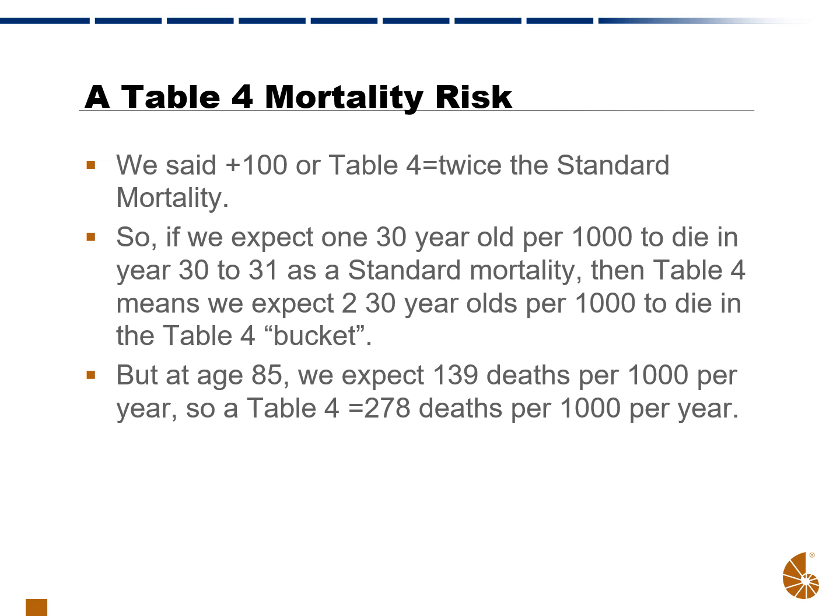But at age 85, it's not just one extra death per 1,000, it's 139 extra deaths per 1,000 per year. So between the ages of 85 and 86, 139 extra people might die. A table 4 rating would be huge, 278 deaths per 1,000 per year. That's a lot.